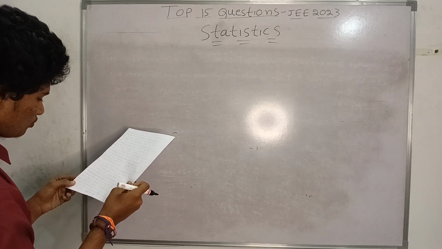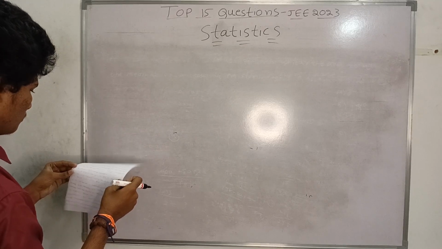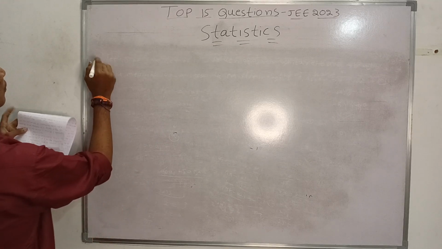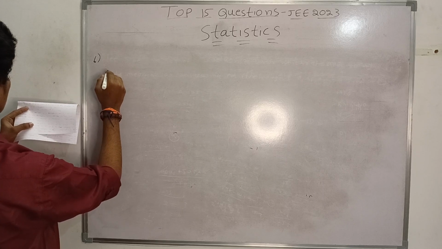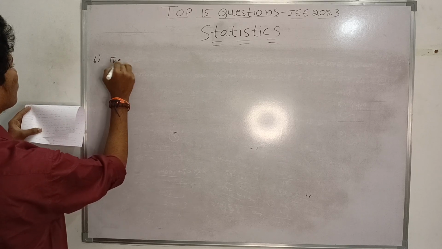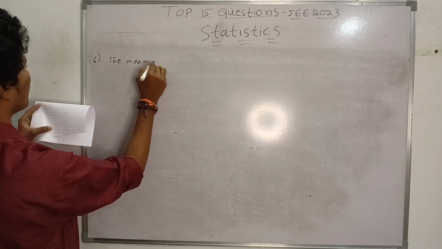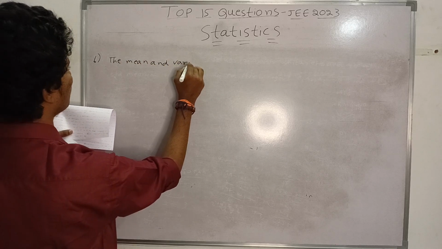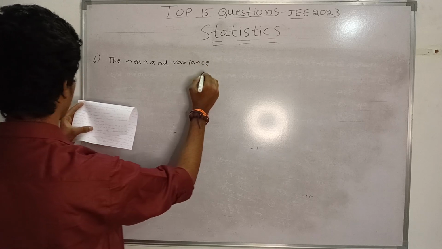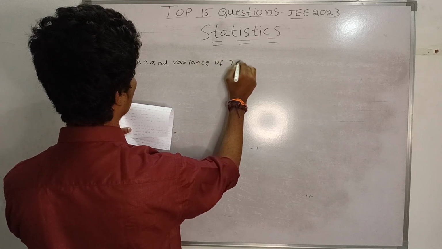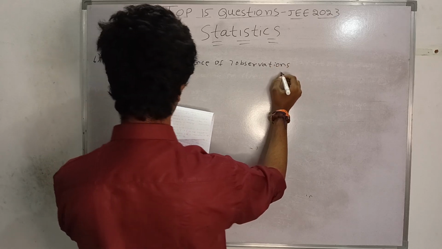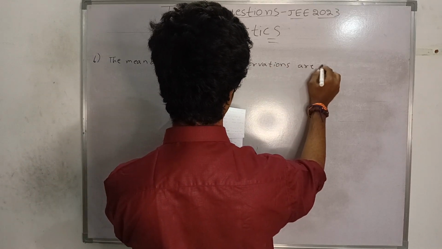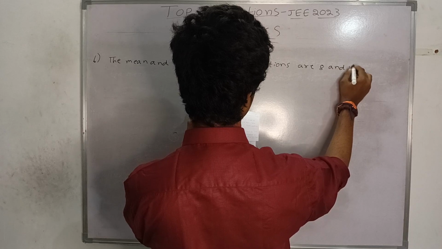And now the next question is question number 6. The mean and variance of 7 observations are 8 and 16.